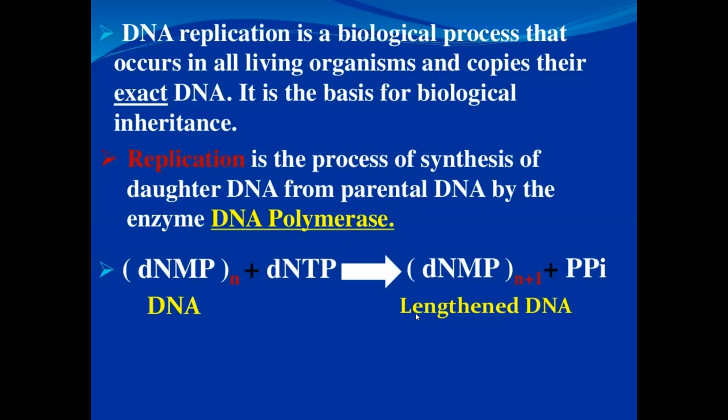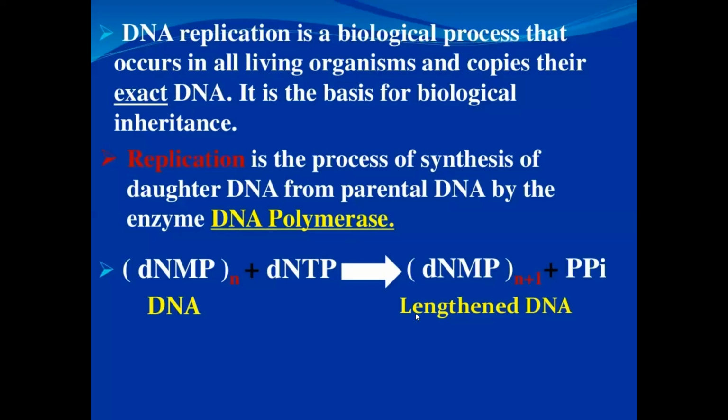The simple formula for replication is (dNMP)n plus dNTP, which gives rise to the lengthened DNA, (dNMP)n+1, plus PPi. dNMP is deoxyribonucleoside monophosphate.